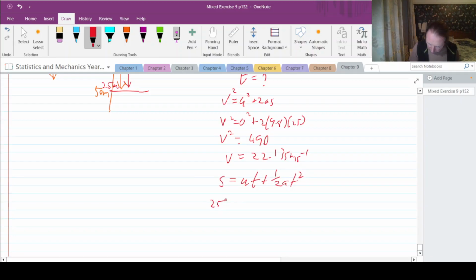So 25 is equal to 0t plus a half times 9.8 times t squared.